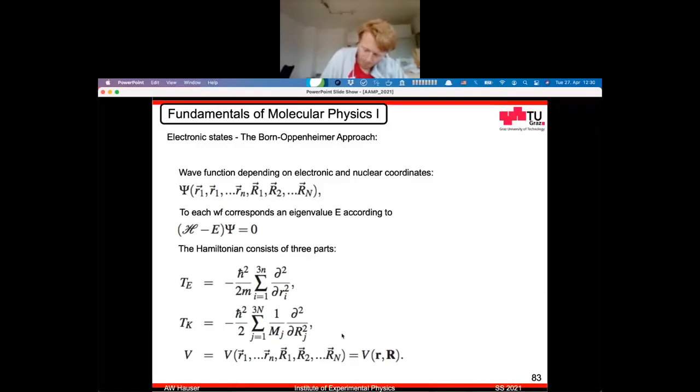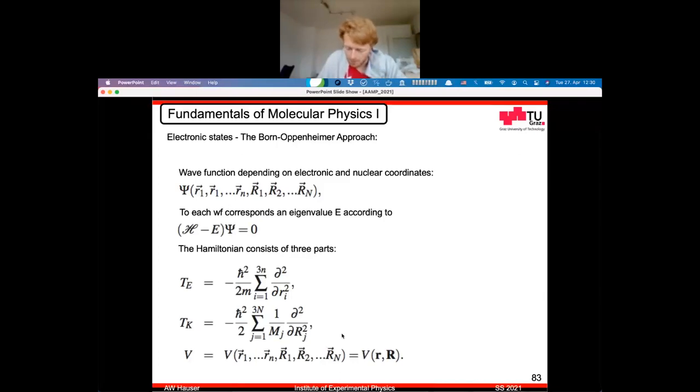If you think of a diatomic molecule, that means that the bond length between the two atoms might change over time, and this will obviously affect the electronic situation as well. So these two areas of motion, or degrees of freedom with respect to motion, are coupled.